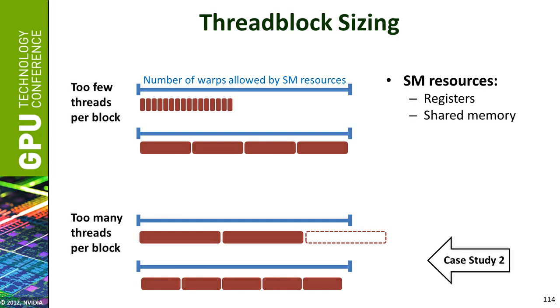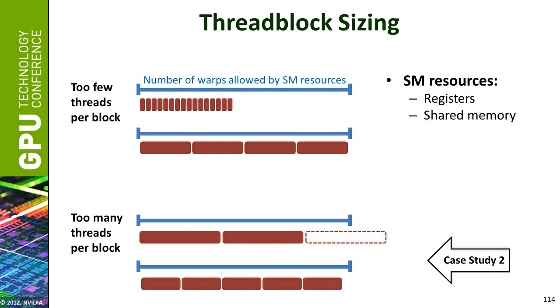Now we are limited by the number of thread blocks allowed per SM, which is 16. So we really are only running this many warps, whereas we could run more. By rearranging your threads into bigger thread blocks, we run 4 of them, and now we fully utilize all the resources that were available. So your thread blocks could be too small. The opposite is also possible.